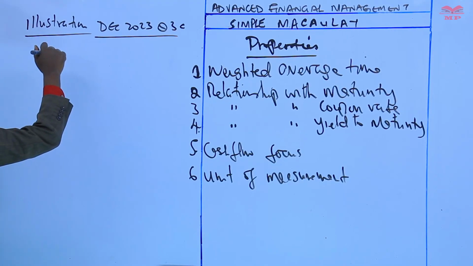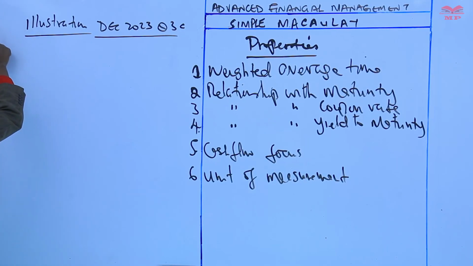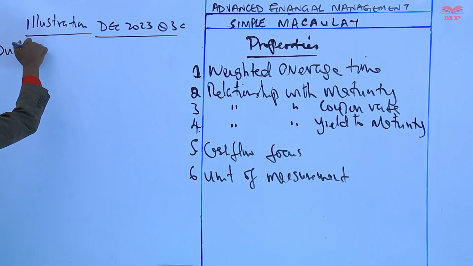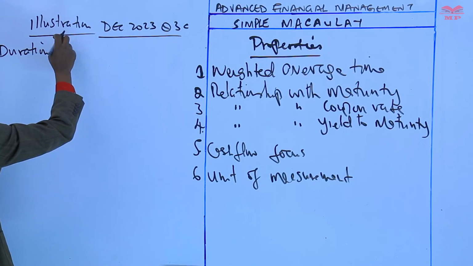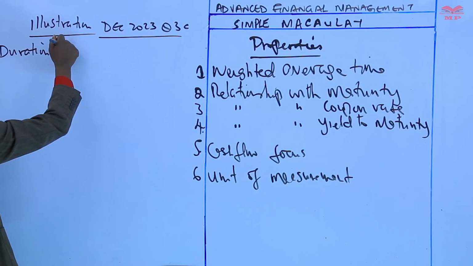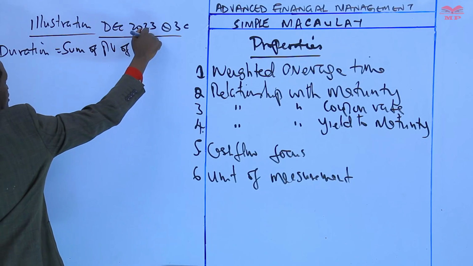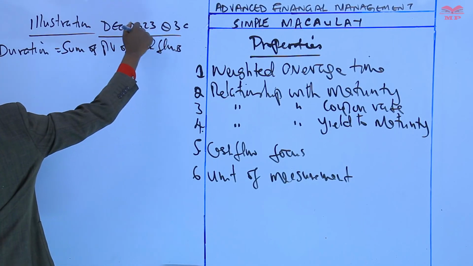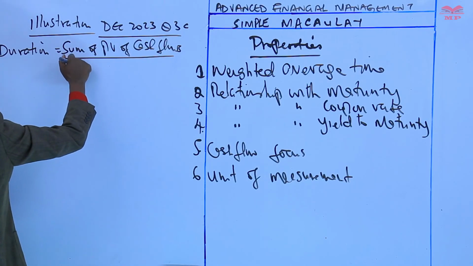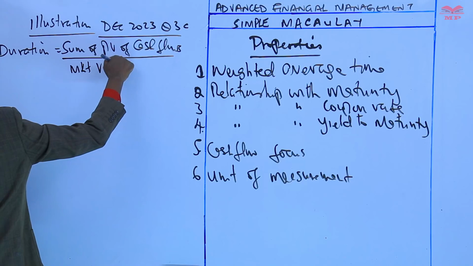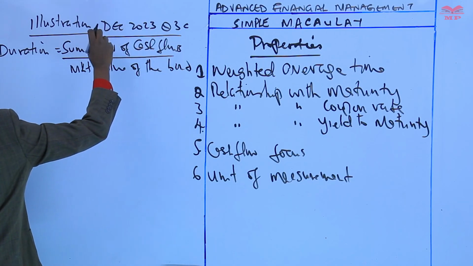Now, using the Macaulay duration, we know the formula. The duration is equal to the sum of present values of cash flows, divided by the market value of the bond.